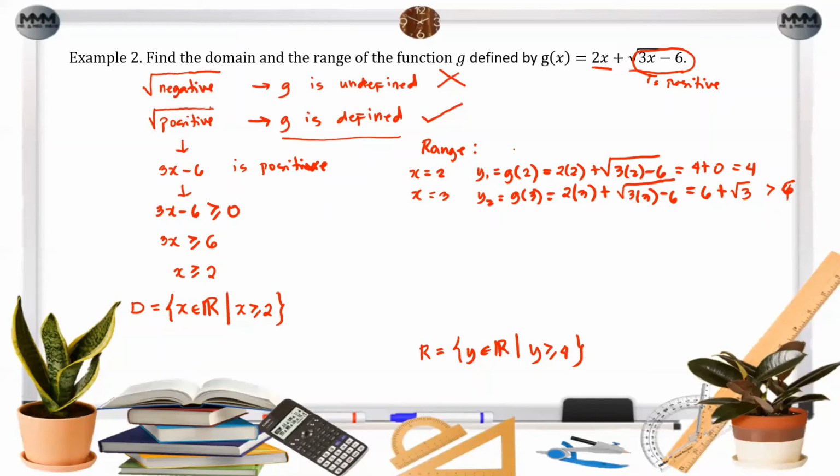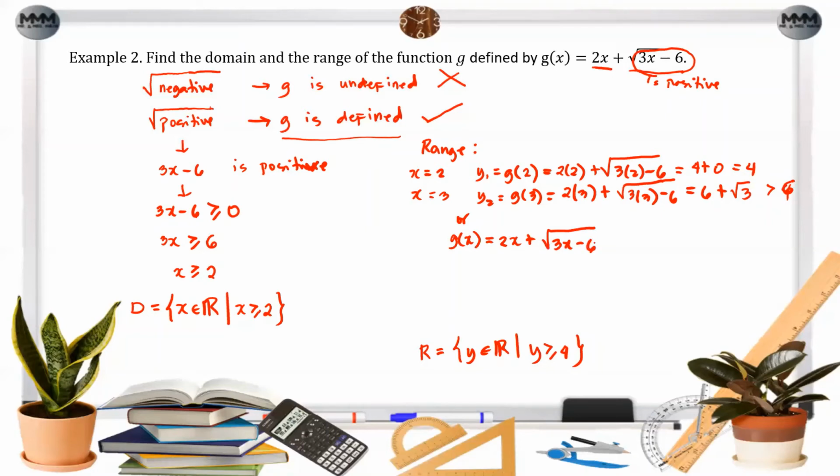Or, another way, we will analyze our given defined function. We have here the function 2x plus the square root of 3x minus 6.